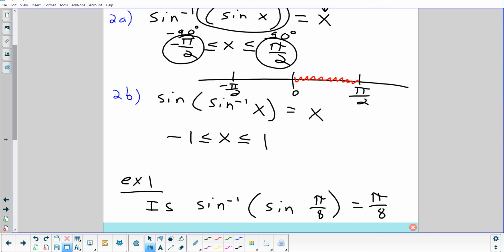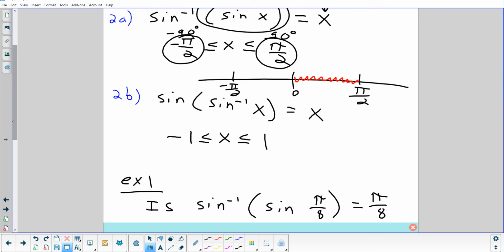It's not going to be here. That would be negative. Okay, so we want to see, is it in that section? If you take pi and divide it by 8, how does that compare to pi divided by 2? Smaller. It's smaller. Right? If you take something and divide it by 8, it's smaller than when you divide it by 2.